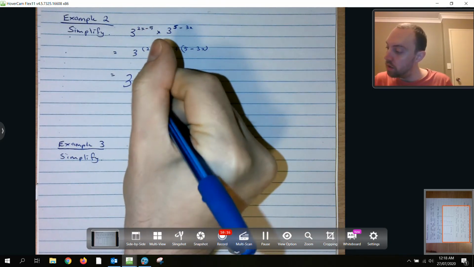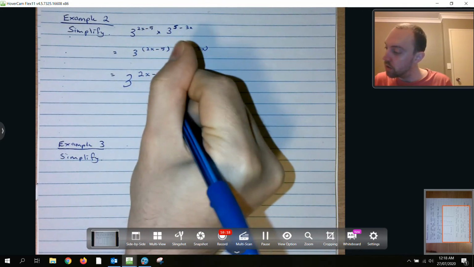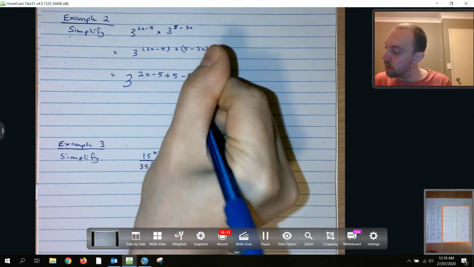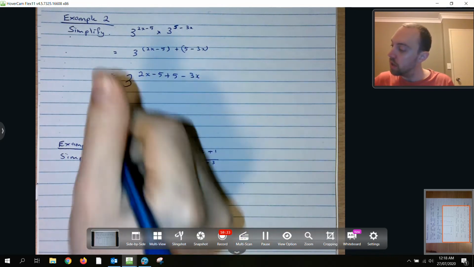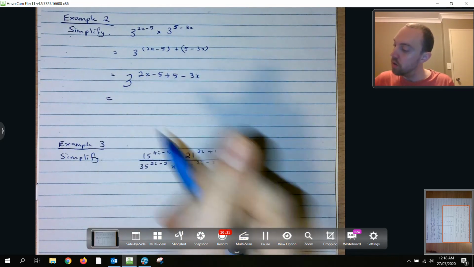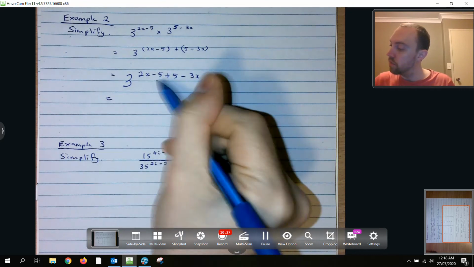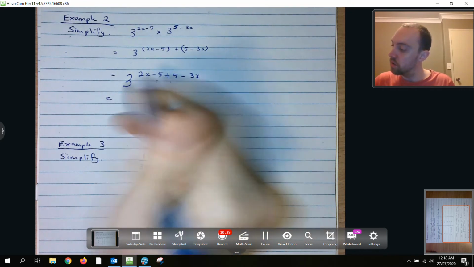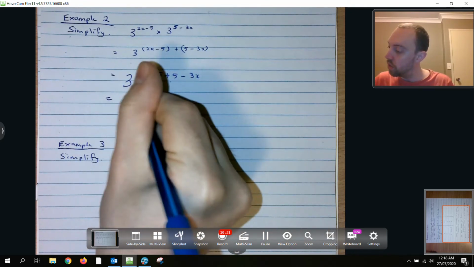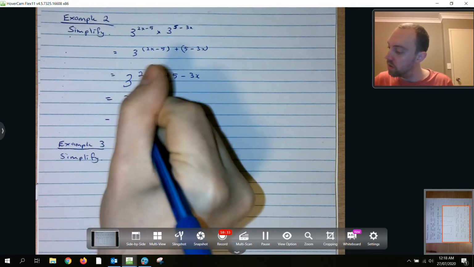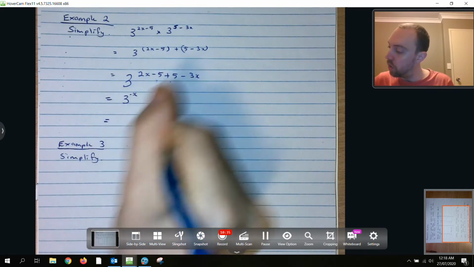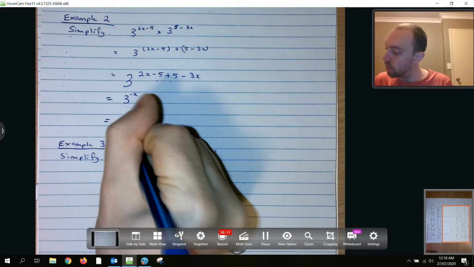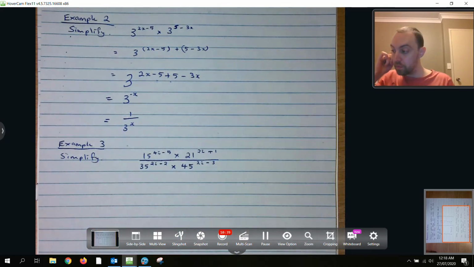We've got 3 to the power of (2x take 5) add 5, take 3x, which is equal to... plus 5 and minus 5 are going to cancel each other out. We're going to get 3 to the negative x, or if you prefer, 1 on 3 to the x. Right, that should be right.